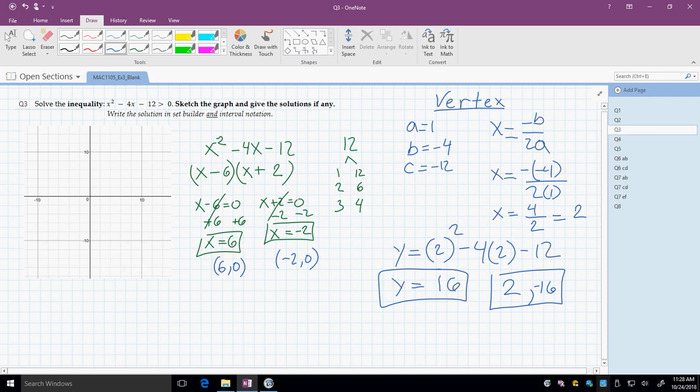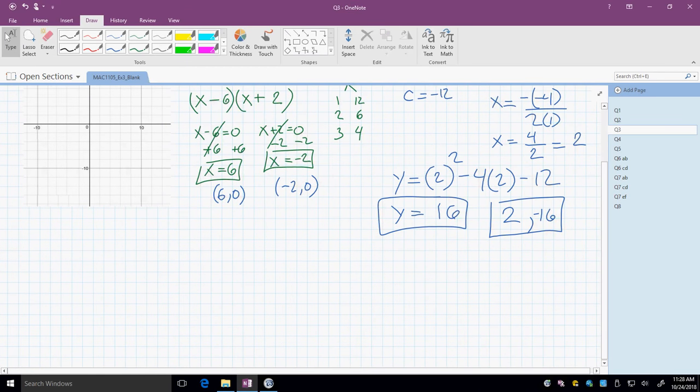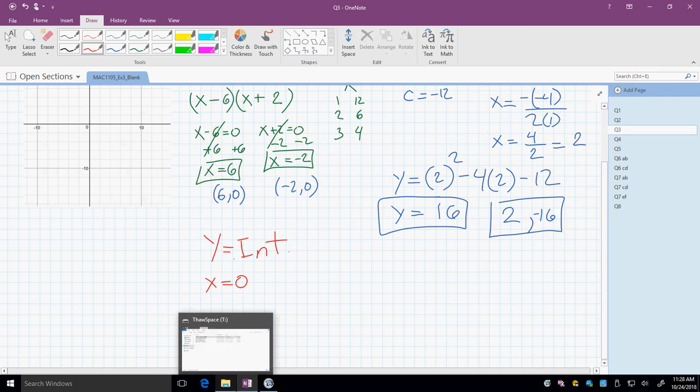Now to find the y-intercept, we have to substitute x equals 0, right? So x squared minus 4x minus 12.